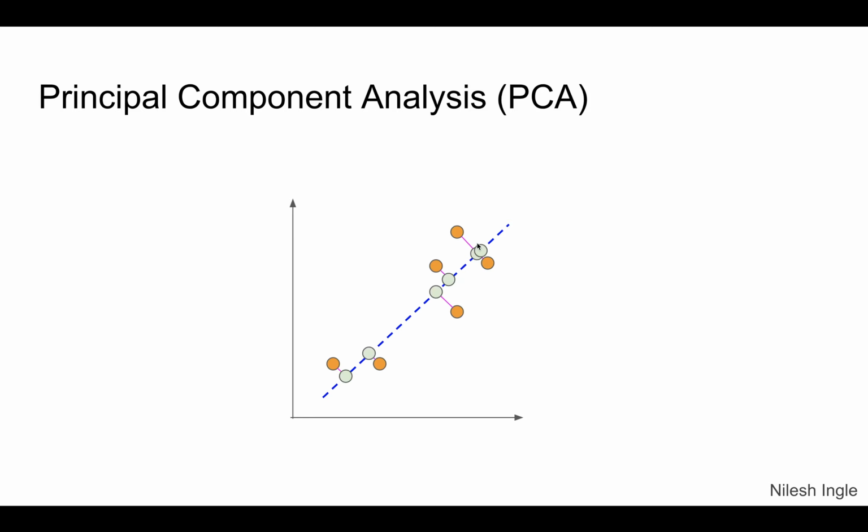And in this projection, it looks like the distance of these orange dots from the blue line is much closer. So maybe this could be the best projection. And so this would be the first principal component that explains most of the variation in the data.